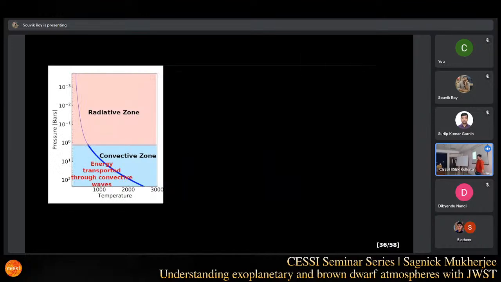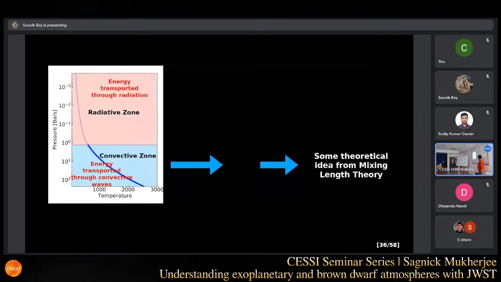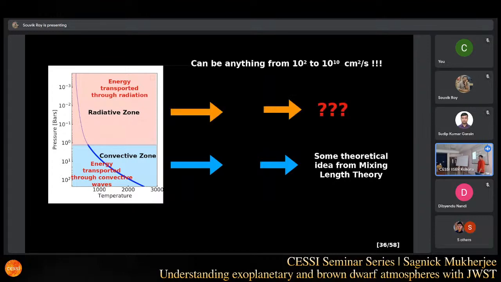Okay, so let's see where we stand about our knowledge of dynamics in exoplanets and brown dwarfs. So in the convective zone, imagine Kzz written here. In the convective zone, we have some theoretical idea about what Kzz should be from mixing length theory. We have some theory there, okay? But things are much worse in the radiative zone.